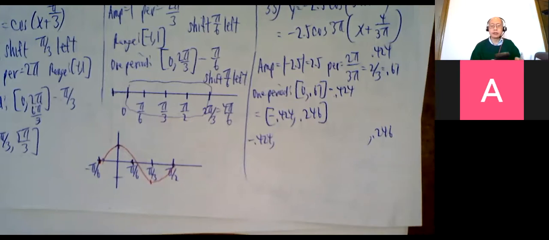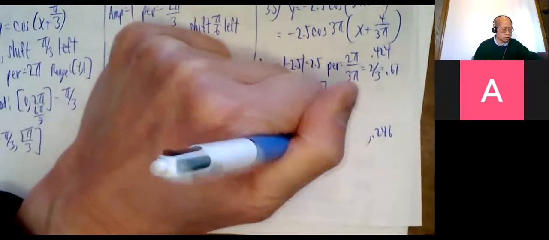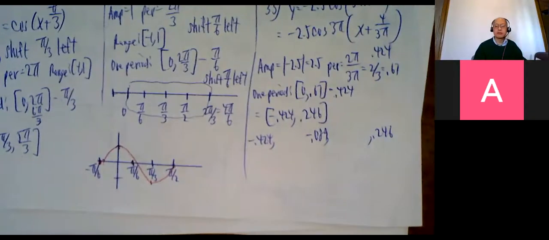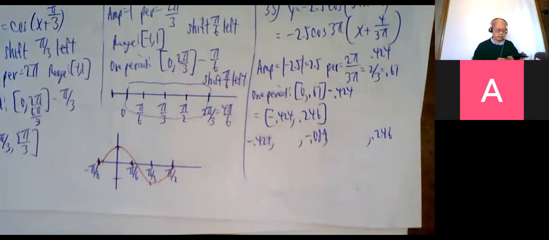Negative point, let's see. Negative 0.089. I just average these two, and now average these two. It's easier if I just do the positive. So 0.424 plus 0.089, divide that by 2, and just put a negative, 0.26.